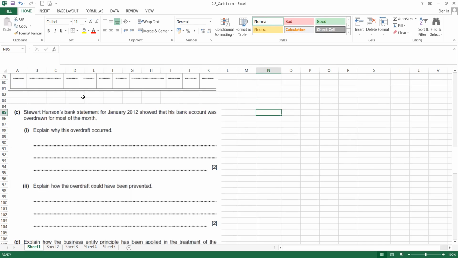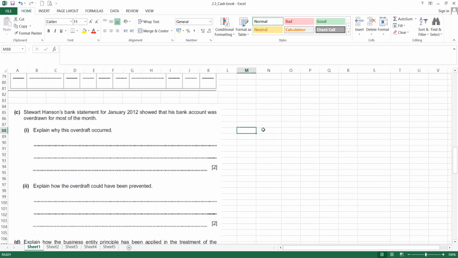Okay, let's see what the question is about. Stewart's bank statement for January 2012 shows that his bank account was overdrawn. Bank overdrawn means that the business used the bank's money to pay off the expenses, so that Steve is owing the bank. Explain why this overdraft occurred.